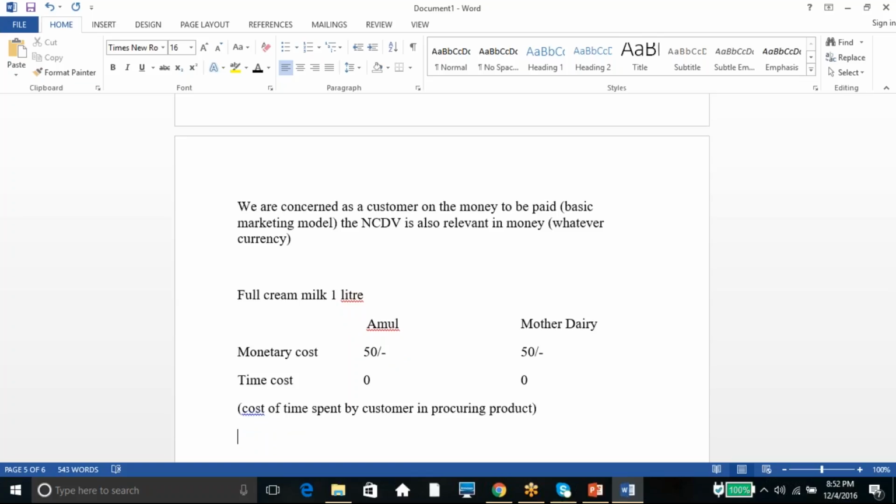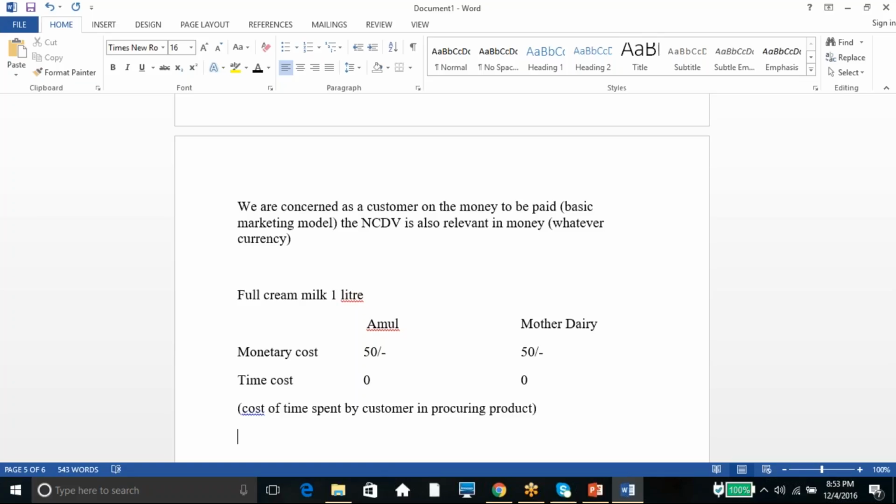Where does time cost become relevant? Can you give me some example? Domino's pizza has focused on time cost, and they say in 30 minutes you get a hot pizza to eat, otherwise it is free. They have reduced the time cost to satisfy your hunger.